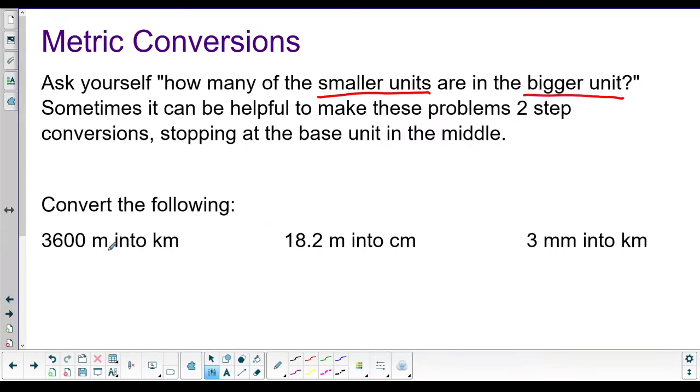So if you're going from meters to kilometers, there are 1,000 meters in 1 kilometer. Likewise, if you're doing meters to centimeters, you want the smaller one into the bigger one. So there are 100 centimeters in 1 meter.